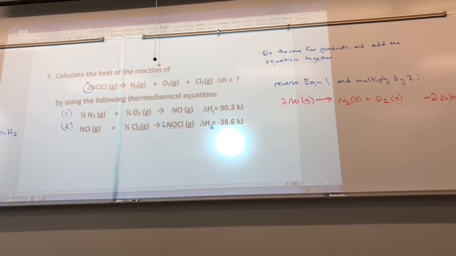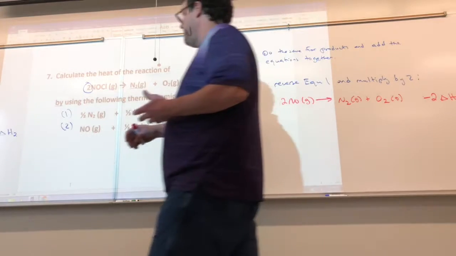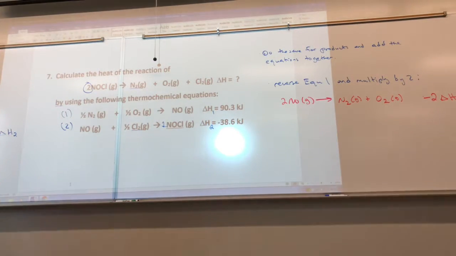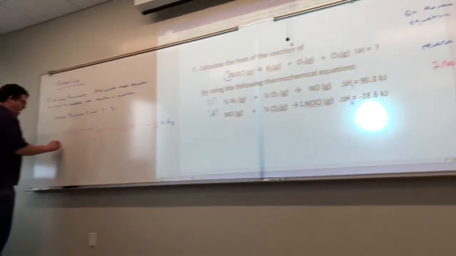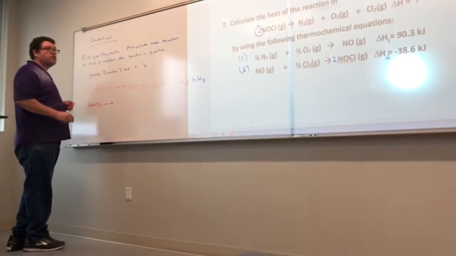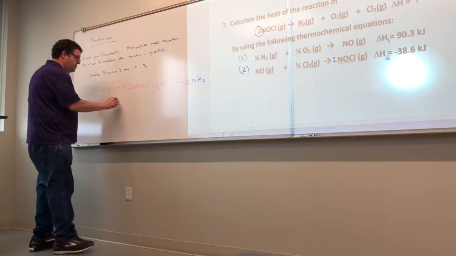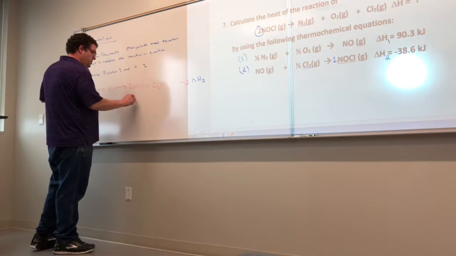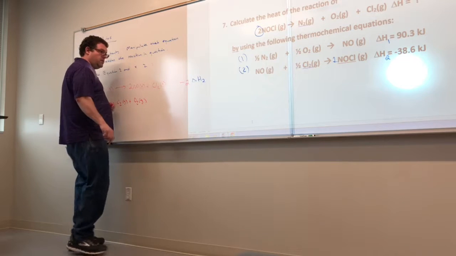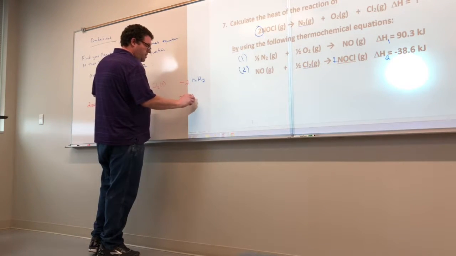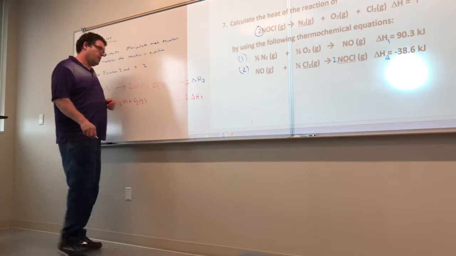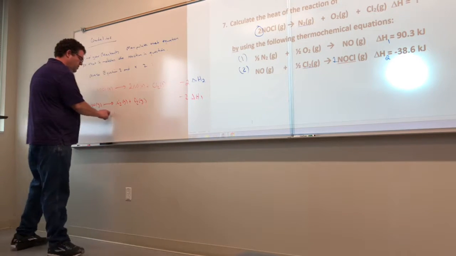Okay, so I've done everything I need to do. Now I need to take the two equations and add them together, okay? So if I bring that equation over here, I've got 2NO gas goes to N2 gas plus O2 gas, and my enthalpy there is -2 delta H1. Now I need to add these two things together.